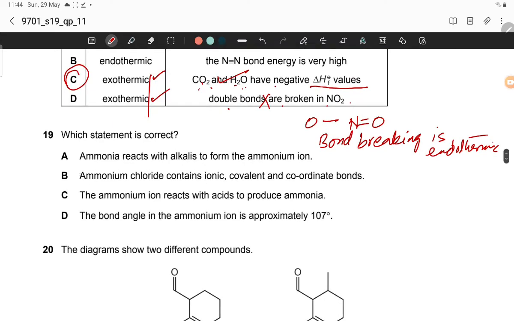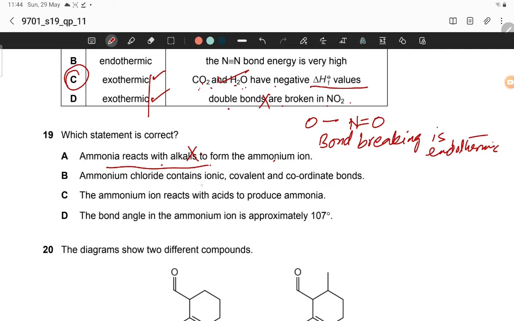Which statement is correct? Ammonia reacts with alkalis to form the ammonium ion. Ammonium chloride contains ionic, covalent and coordinate bonds. Ammonia reacts with alkalis to form ammonium ions. No, this is incorrect.